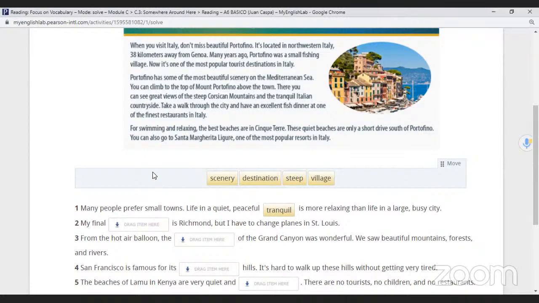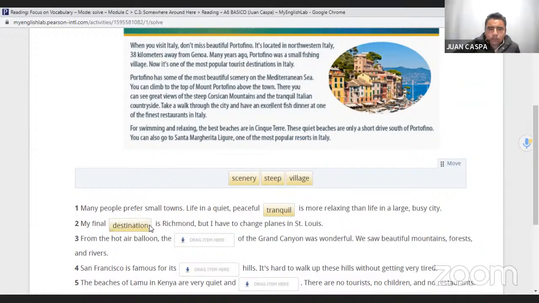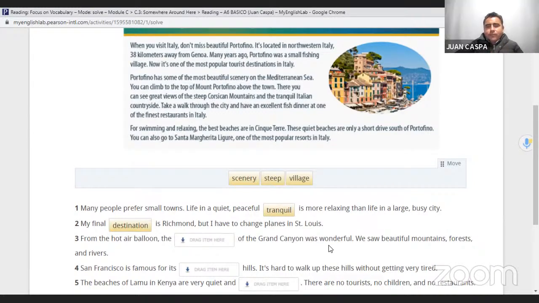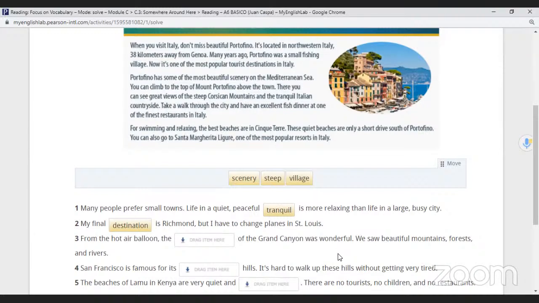My final destination is Richmond. From the other airport. The scenery of the Grand Canyon.